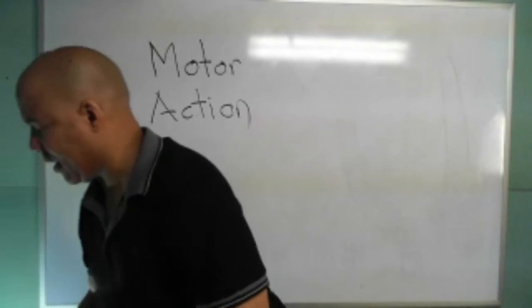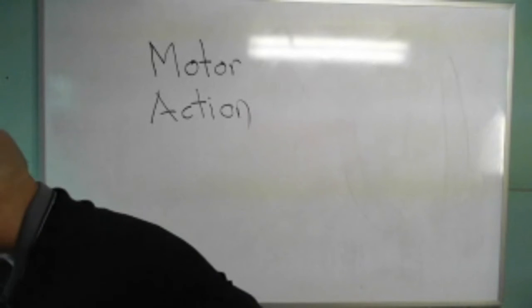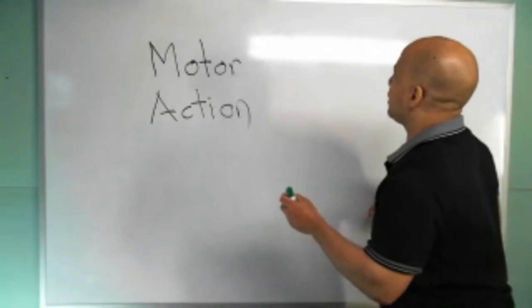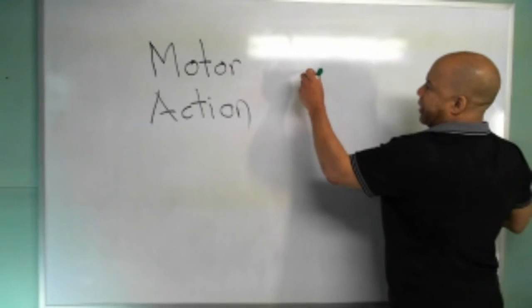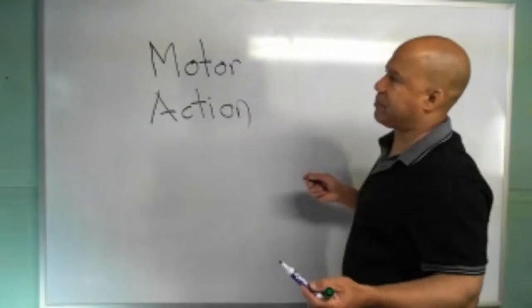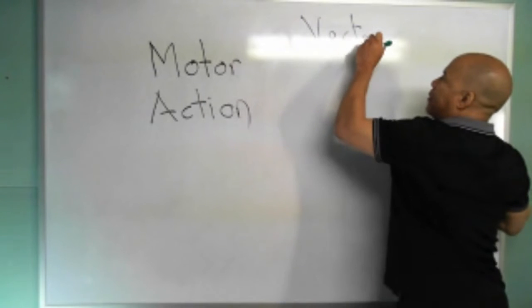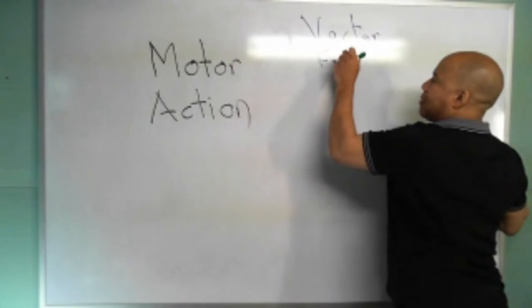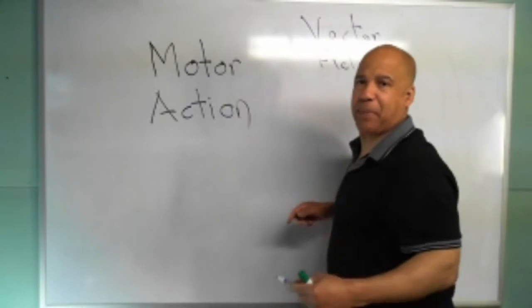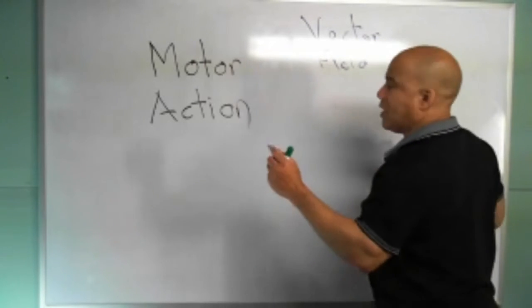say if I have, let me get some different colors here, it's a little easier to understand. So say if I have a bunch of, I don't know, vector field. So I got a bunch of little vectors, maybe forces, or I don't know what you want to use as an example, but I think you'll get it.